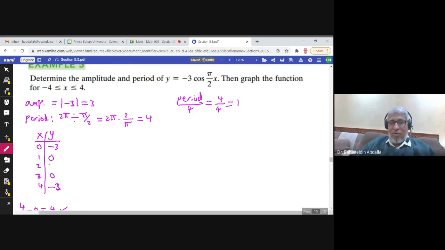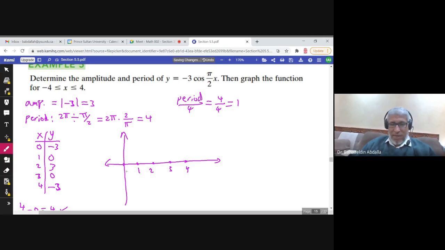And in the middle, we will have the maximum, which is 3. Let us sketch the graph of this function. So 0, 1, 2, 3, 4. These are the 5 x-coordinates of the key points.